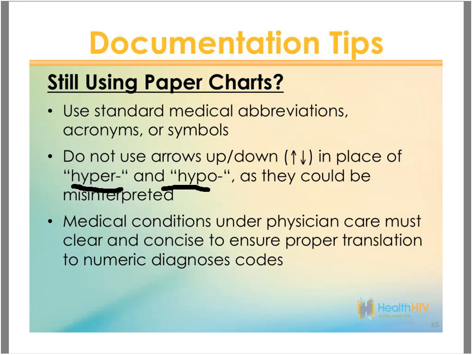So instead of using those up and down arrows, if you're trying to tell us that the patient has hypertension, you can use the abbreviation HTN. But if you document in the chart the up arrow with BP, we're going to assume and interpret that to mean that the patient has elevated blood pressure, which is different from hypertension.